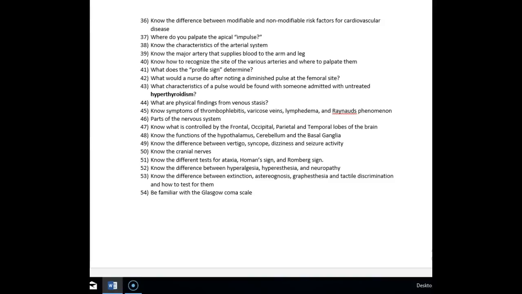Well, of course, they're modifiable. But heredity and age are non-modifiable risk factors. A sedentary lifestyle is modifiable. So if a person just sits around and crunches on Ho Hos all day, that's a modifiable risk factor. You're sedentary. I mean, you can get up and try to do something. So just knowing the difference is all I wanted y'all to know.